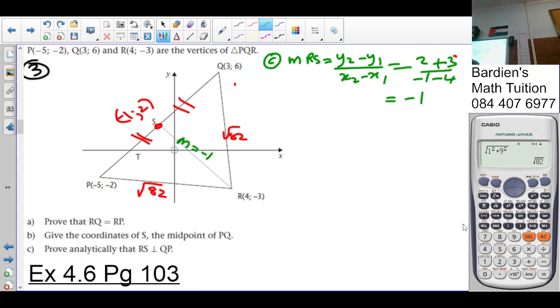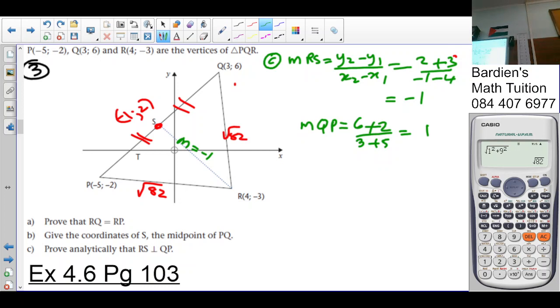Okay? So the gradient of QP is going to again be y2 minus y1 over x2 minus x1. So it's 6 minus minus 2 over 3 minus minus 5. So that's going to give you 8 over 8, which is 1. Not so?